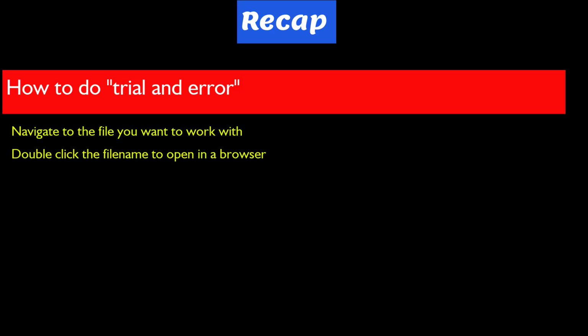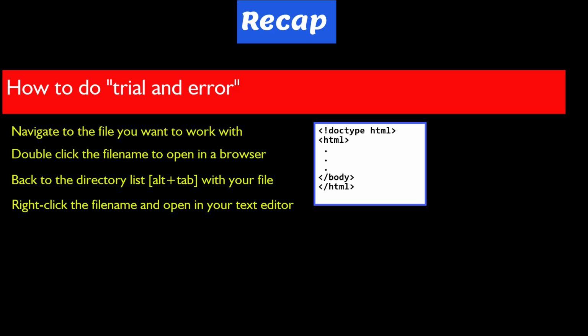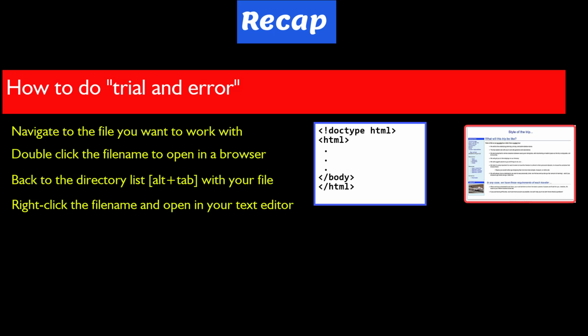So here's a quick demo on one way to do that. You're going to navigate to the file you want to work with, double-click the file name to open in a browser, and then go back to the directory list, Alt-Tab, with your file and right-click the file name, opening the file with Notepad, or whatever your text editor is. You now have one window with your code and one window showing the code displayed in a browser.